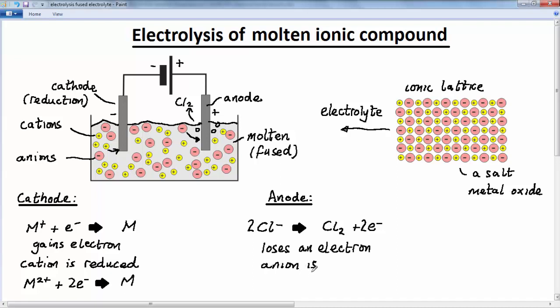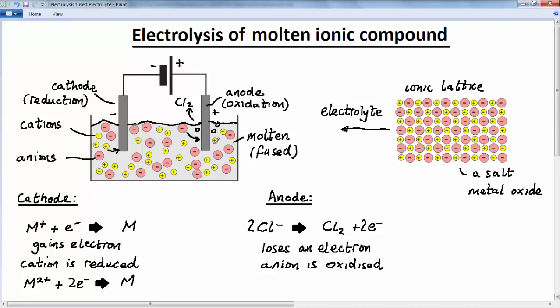So oxidation occurs when the ion loses an electron. Reduction occurs when the ion gains an electron. And we say that at the anode, oxidation is taking place.